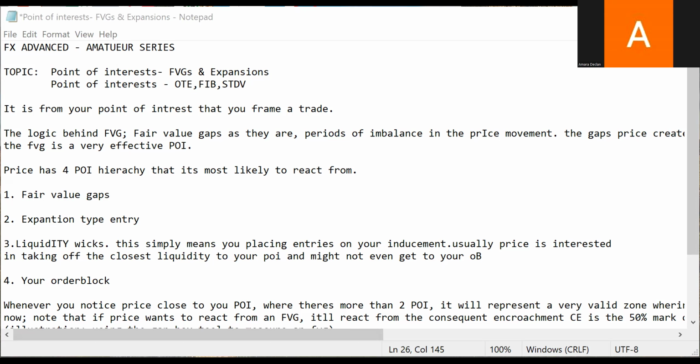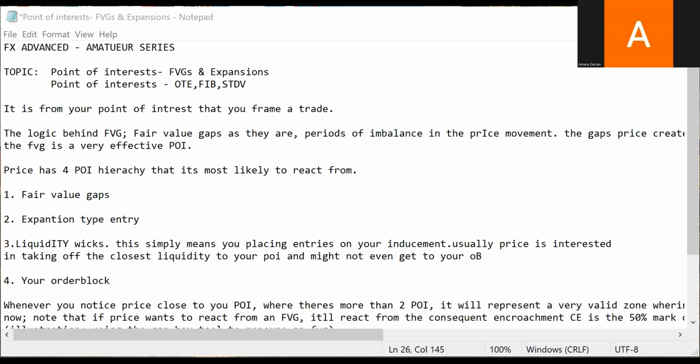So how does that now resonate with us as traders? As day traders, we are mindful of our 4 hours and we're mindful of our daily candle. So here now on this GBPAUD, that is why you must not rely on just one POI, because if you're looking for the fair value gap POI right here, you notice that all of them have been filled up.